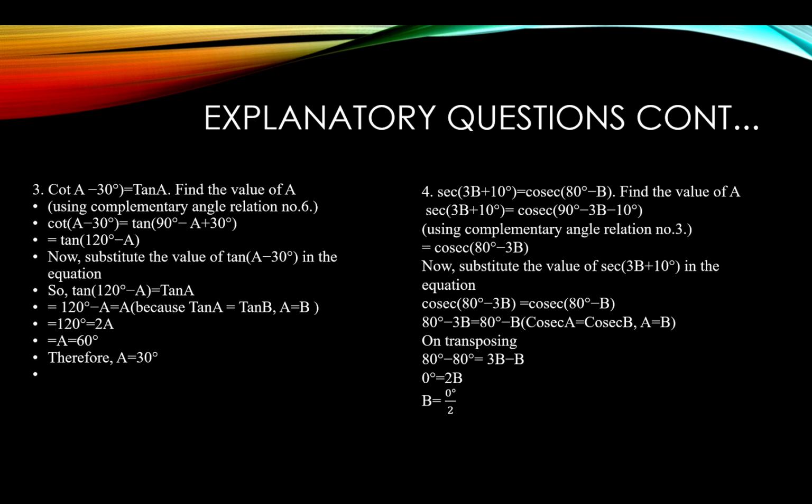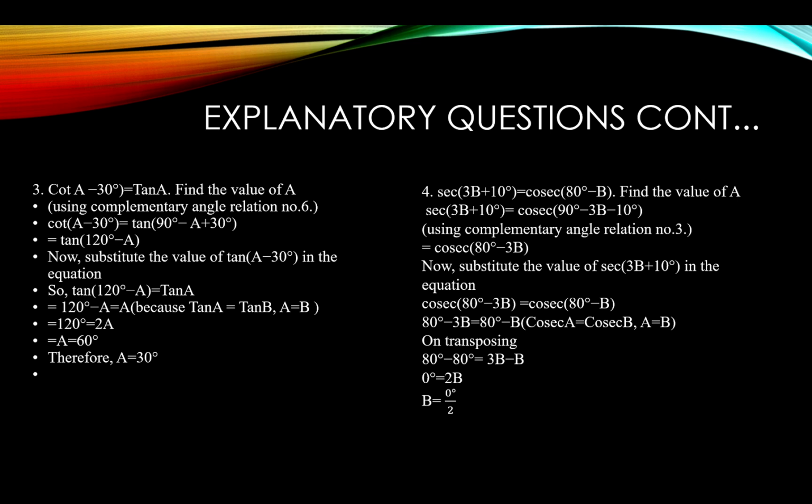Question number 4. Sec(3B + 10 degrees) is equal to cosec(80 - B). We have to find the value of B again. So again, I was a bit careless and I wrote A. What I actually meant was B. So sec(3B + 10) is equal to cosec(90 - 3B - 10), because we're using the complementary angle relation number 3.